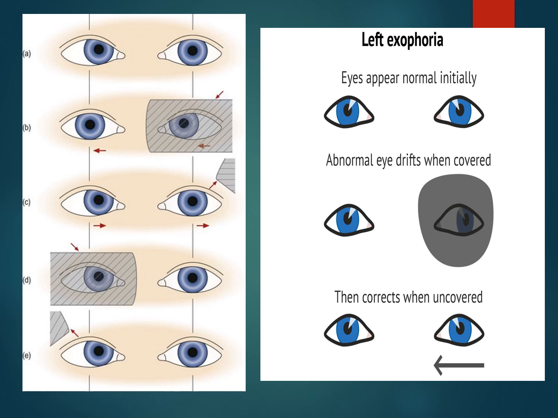Uncover test. Now the covered eye, that is the left eye, is uncovered. The left eye will immediately take up fixation by moving laterally, and at the same time the previously uncovered eye, that is right eye, will become convergent again as the yoke muscles receive equal innervation. This finishes the uncover test. Interpretation of this test: right eye has convergent squint.